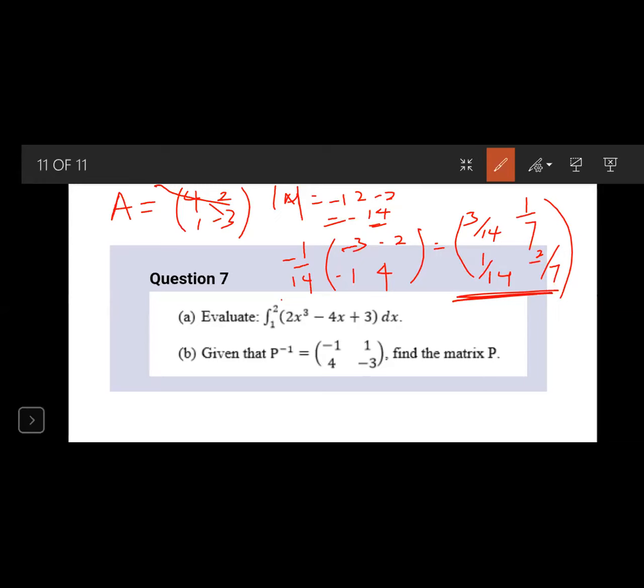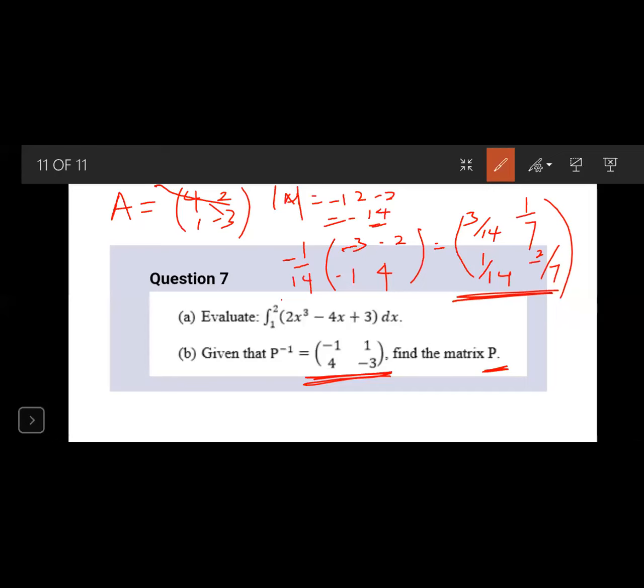So here now, they say given that P inverse is this, find the value of P. I remember some of the questions that people usually ask: the inverse of an inverse, what will it give you? The inverse of an inverse will definitely give you P. Just like before we asked, the enemy of your enemy is what?